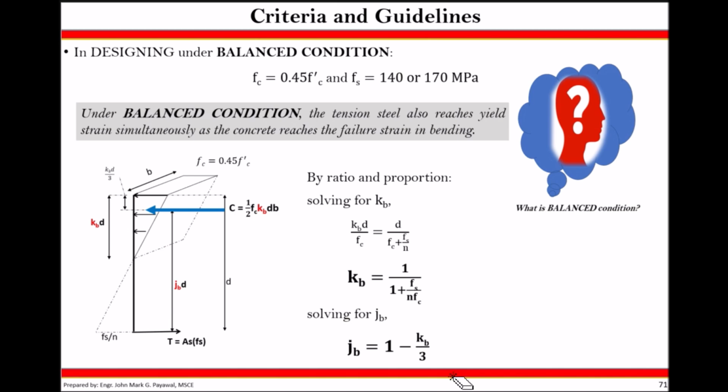So this would use the values fc equal to 0.45 f'c and fs equal to 140 or 170 respectively under balanced condition, making sure that we're using kb and jb as your investigation factors.